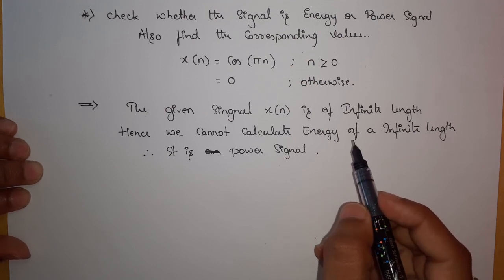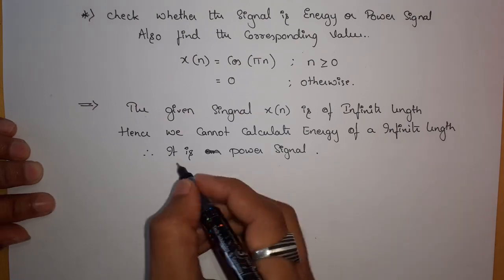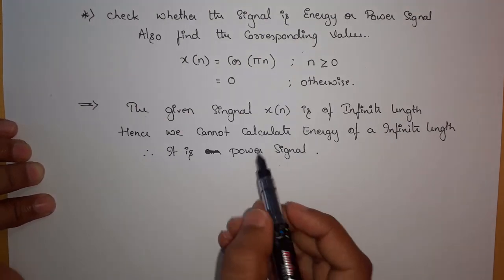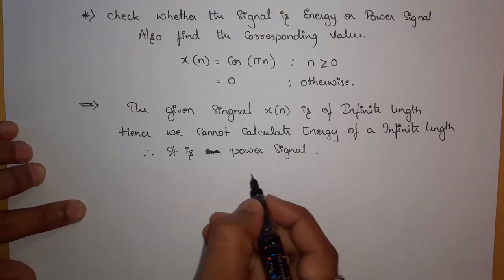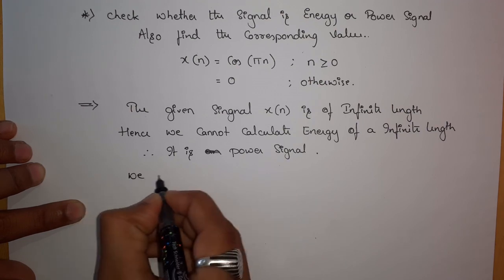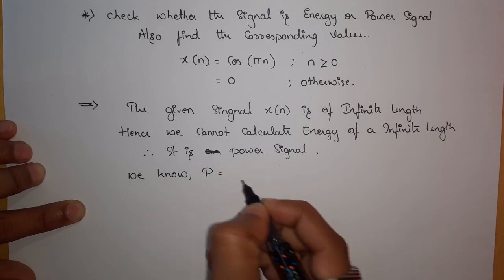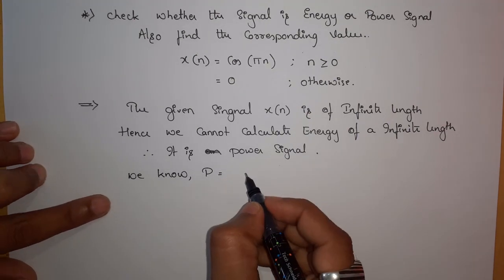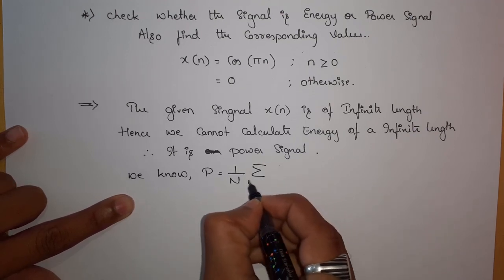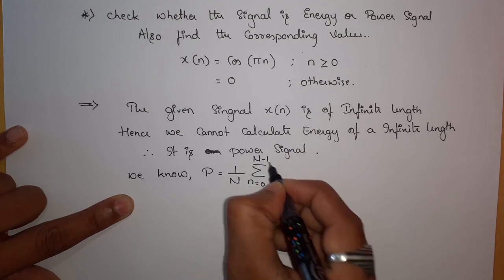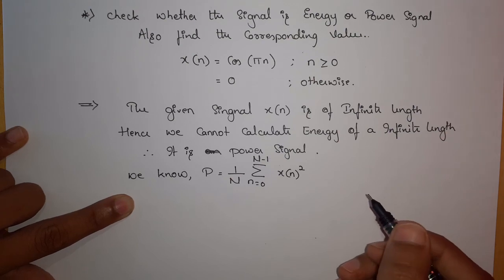And for a power signal we need to find the sample. Okay, how we are going to find the sample, I will just explain. Before that, we need to define the power signal first, right? We know power for a discrete time signal will be P is equal to 1 divided by capital N, summation of n is equal to 0 to capital N minus 1, x of n whole square.